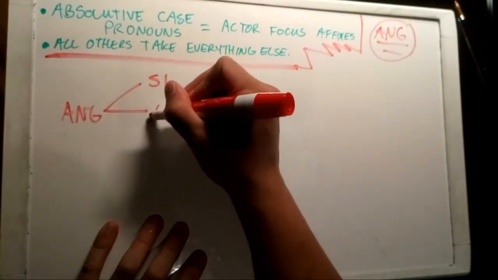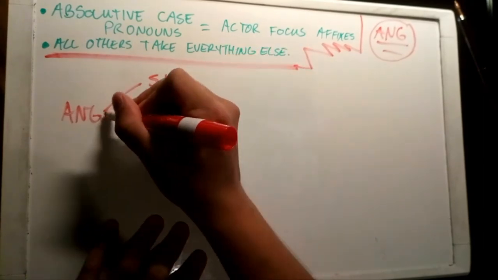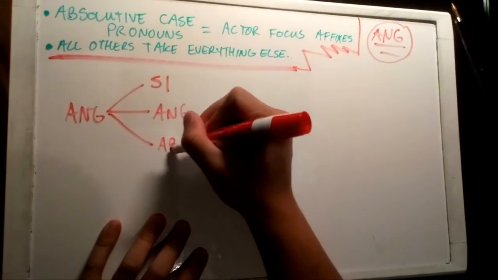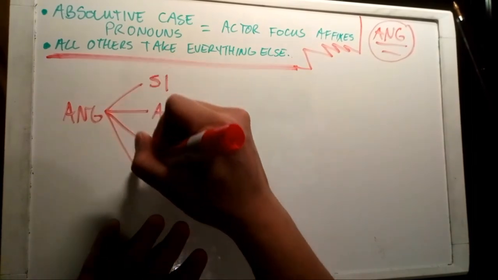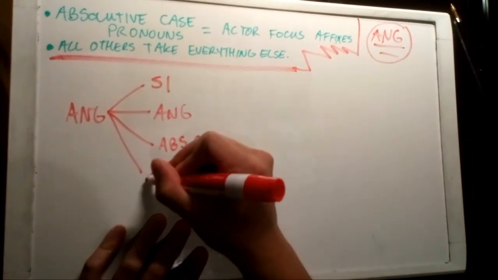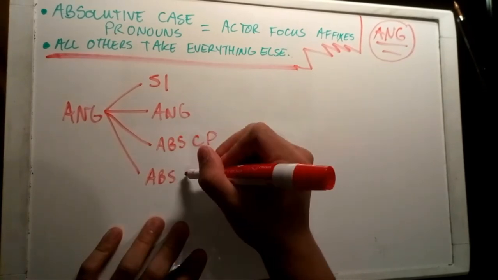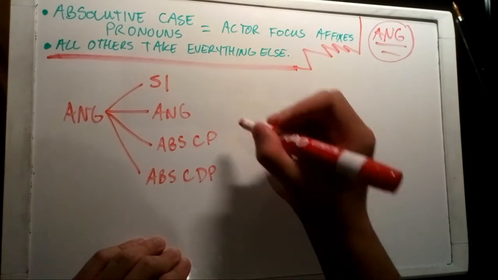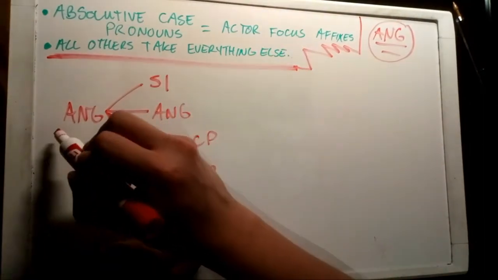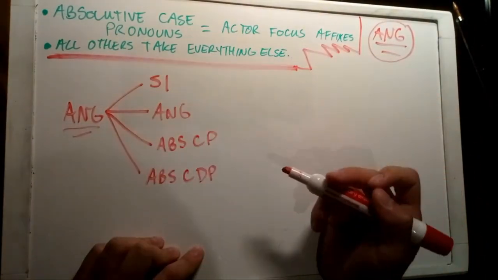Number 2 is ang, obviously. 3, we have the absolutive case pronouns. And 4, we have the absolutive case demonstrative pronouns. Alright, those all are a part of the ang family of markers.